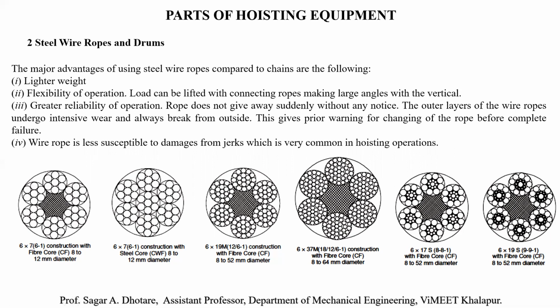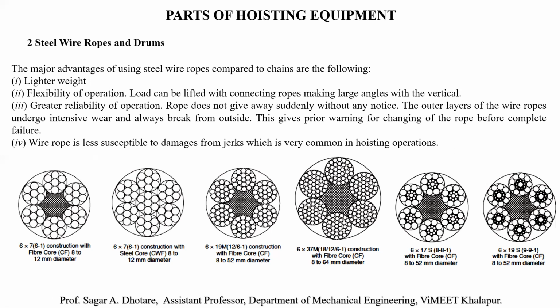So 6 by 7 indicates that 6 strands are made into the rope, and in a single strand the number of wires is 7. Now if you consider the third one, 6 by 19, 6 strands are generated and each strand is made from 19 small wires. Similarly, various different cross sections are generated.